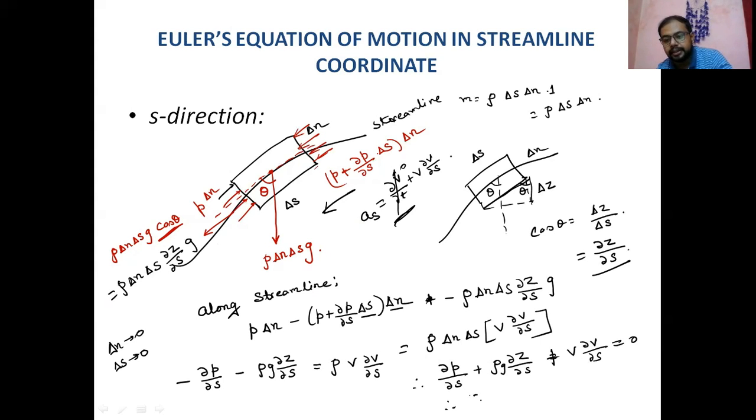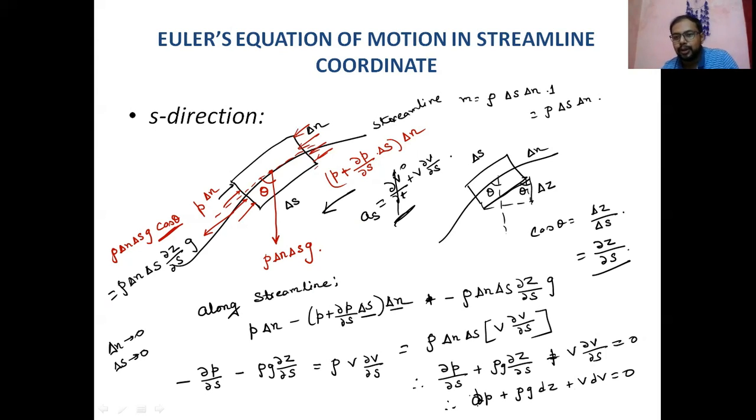It can be written as dP, better to write it as dP, no problem, because it is a very small pressure quantity, and along the normal direction we are not considering that much change. Rho G dz plus v dv equals 0. If you integrate between two points, it will give you the Bernoulli's equation.